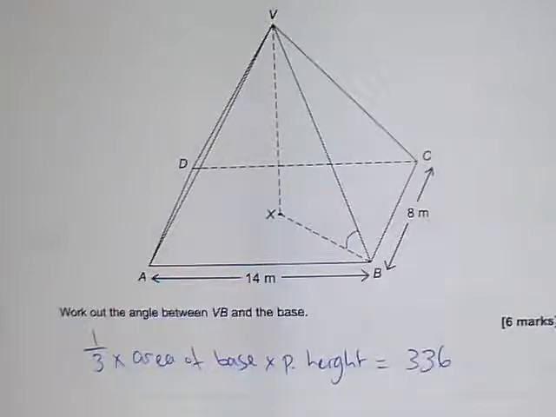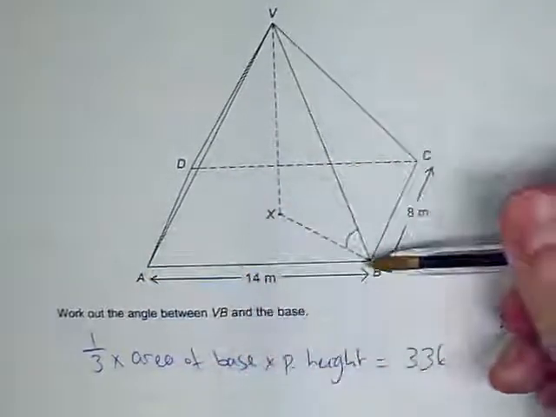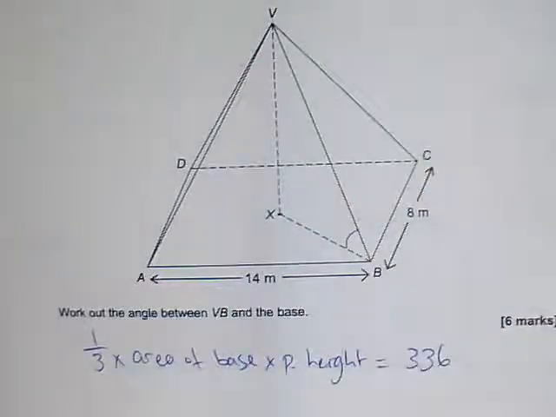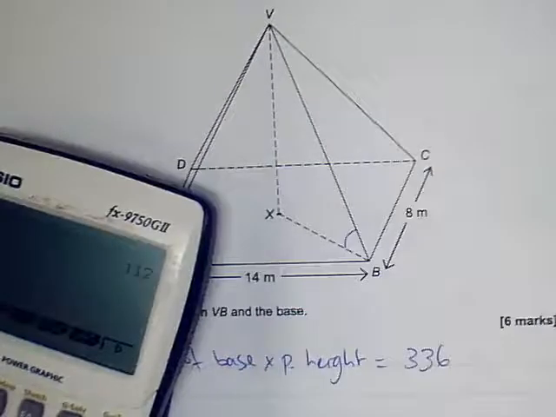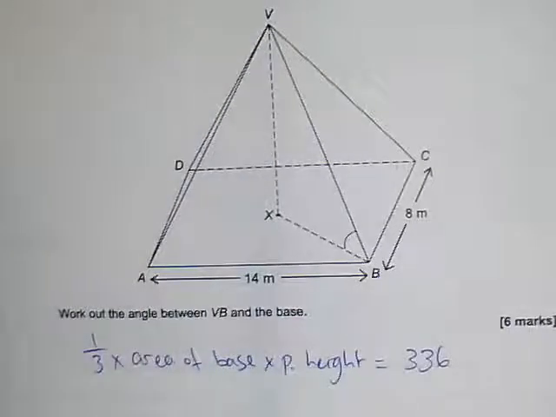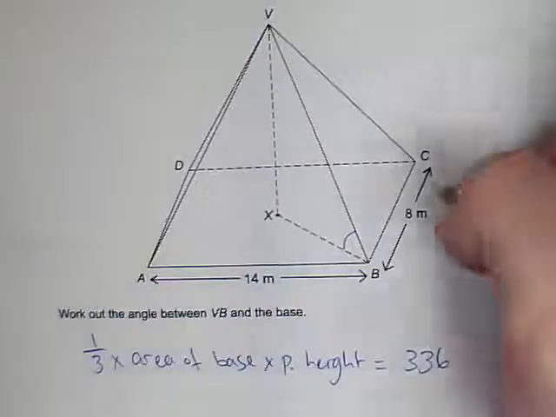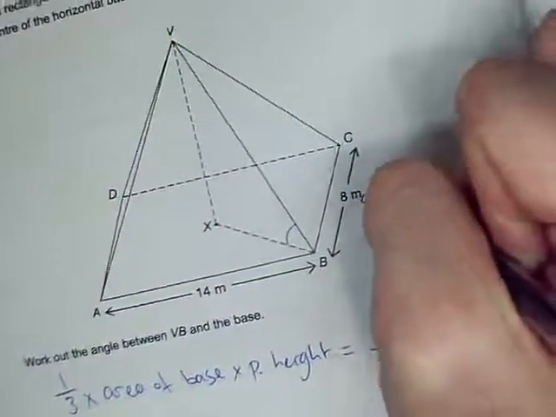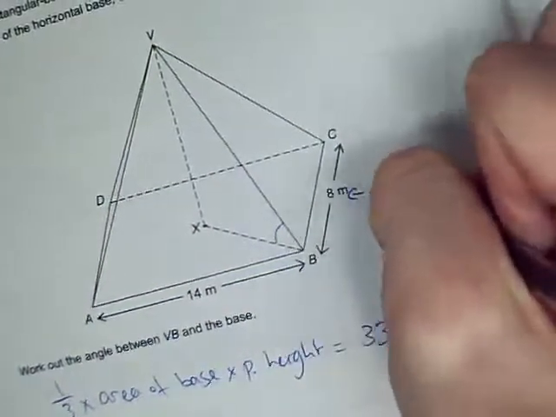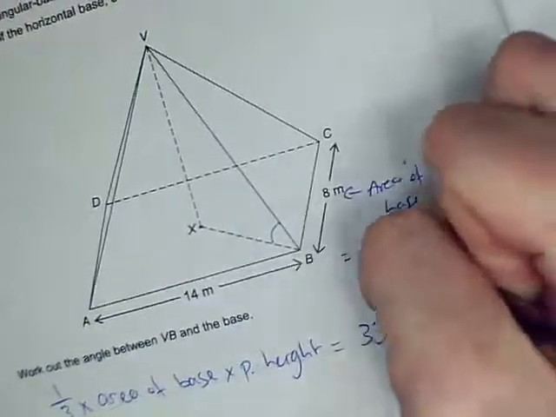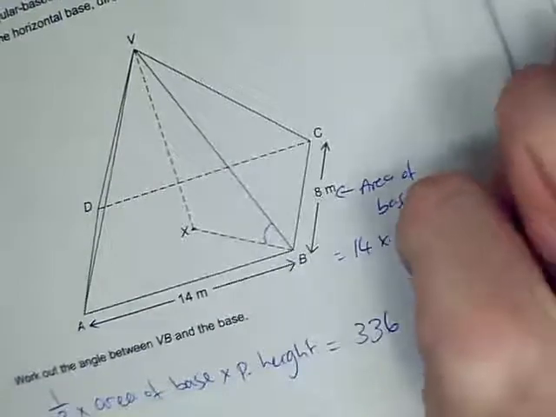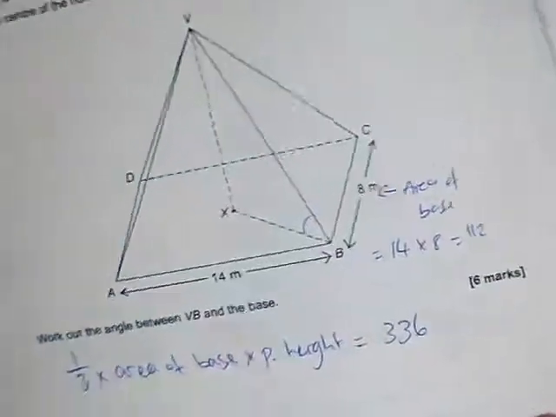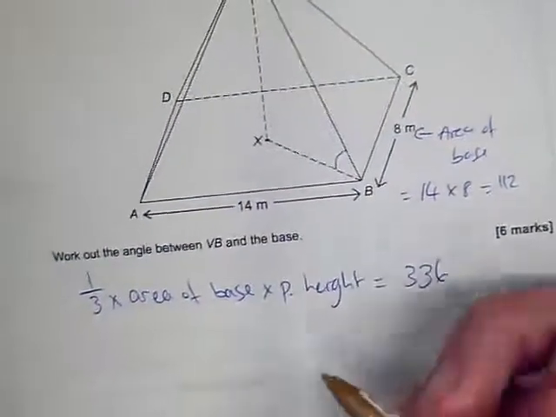So for example, the area of the base, because I know the length and width of this rectangular base, I can see what the area is going to be. 14 times 8 is 112. So I know that the area of the base is 112, and I can put this into my formula.